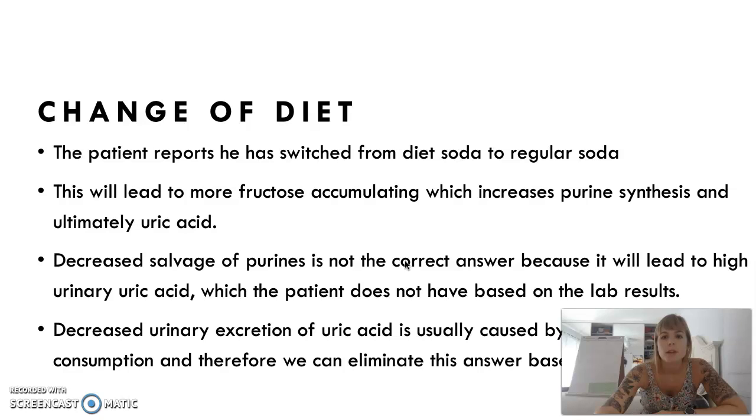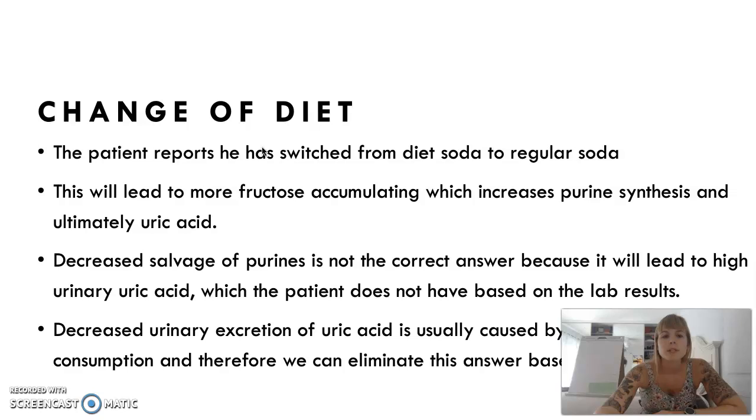So another piece of information we were given is that the patient switches diet from soda to regular, diet soda to regular, and this will lead to more fructose accumulating in the body, which increases purine synthesis and ultimately uric acid.